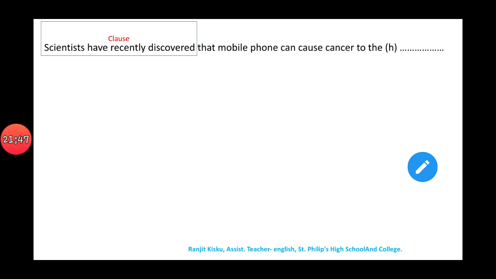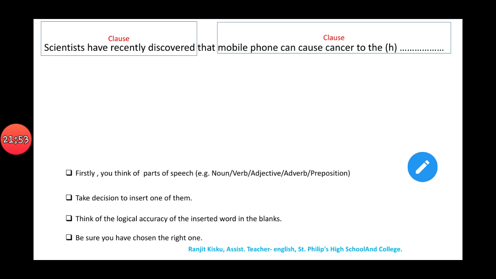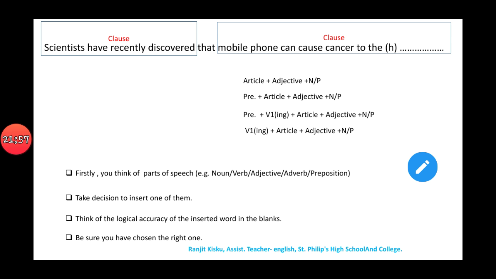Scientists have... here we get two clauses connected by a conjunction, that, a relative conjunction. Okay, and here is the structure of phrase. So clauses consist of 2 or 3 phrases. Okay, so let's see. We have a gap in the second clause: to the dash.